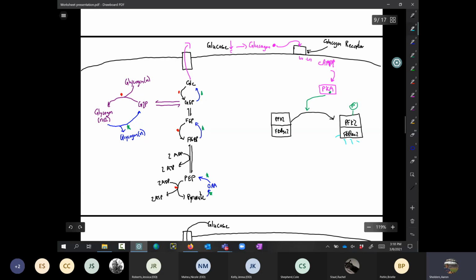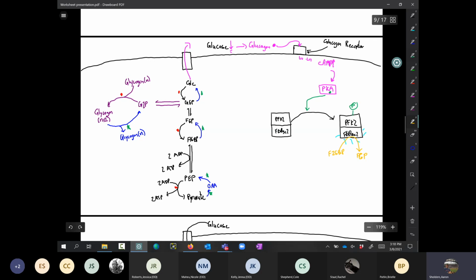So sunbeams coming out of this now. That is going to then take this molecule, fructose 2,6-bisphosphate, break it down to fructose 6-phosphate. Now you say, yeah, that's right. That was like last week's worksheet or something along those lines, and that's exactly right.